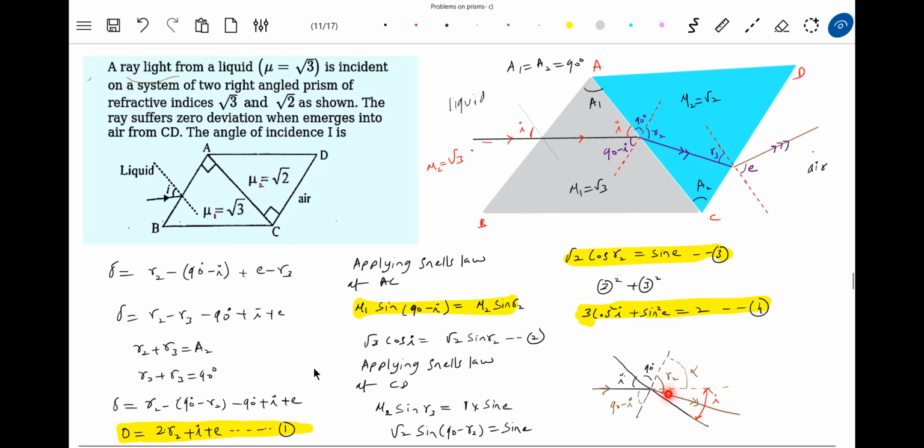We wanted this particular angle. So what can be this one? This will be R2 minus alpha. This angle will be say some beta, you call it.